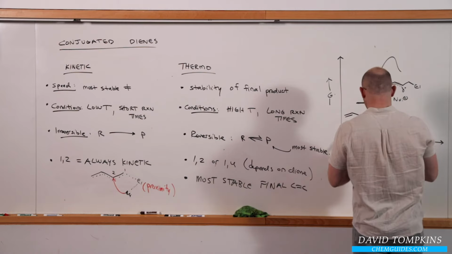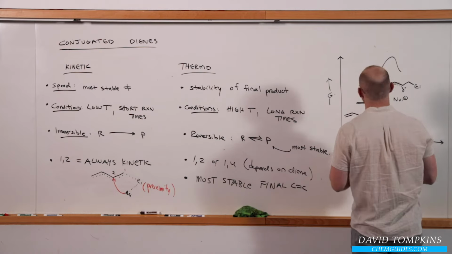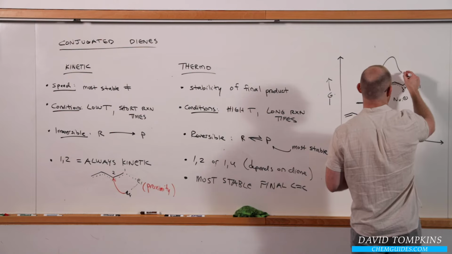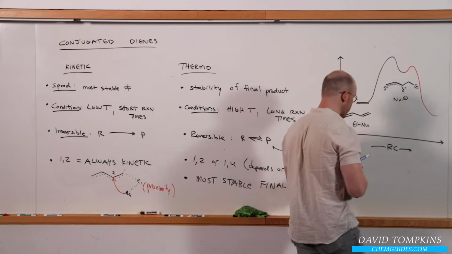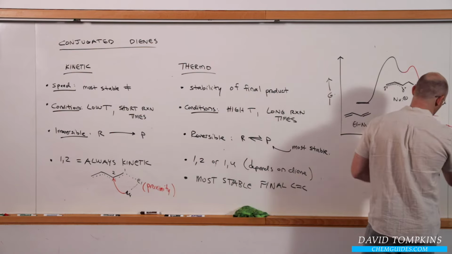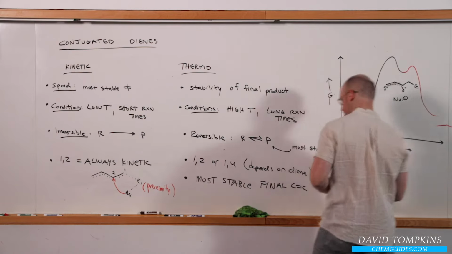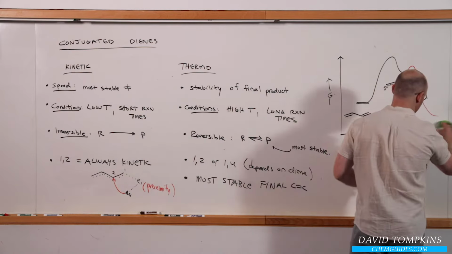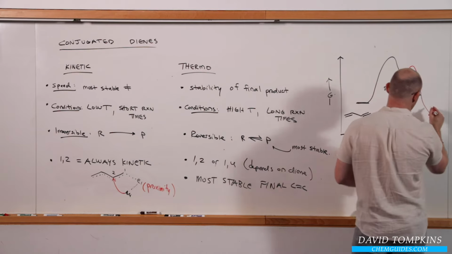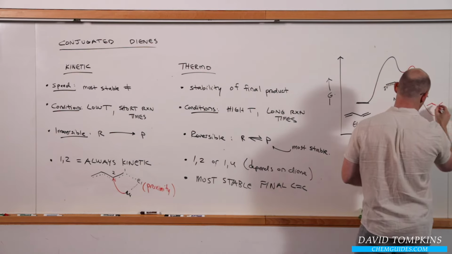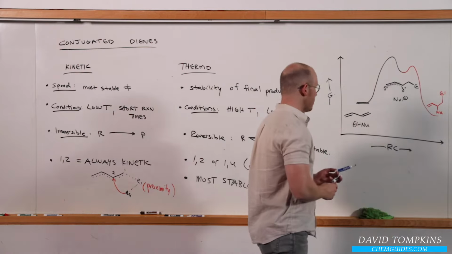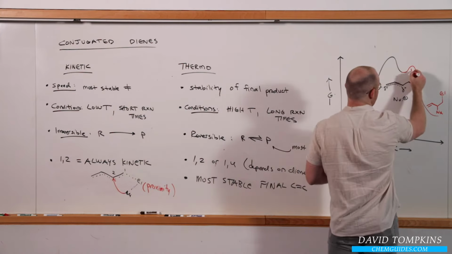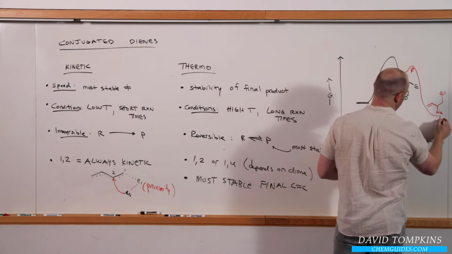However, there are two alternate paths you could take. The kinetic path goes over a low transition state and leads to a final product. We said that was 1,2. So we would call this the kinetic transition state and the kinetic product.